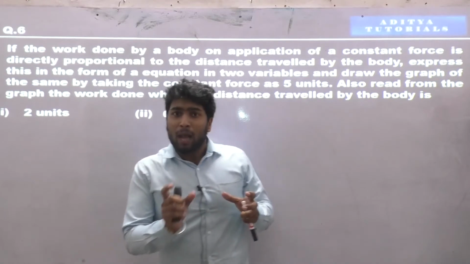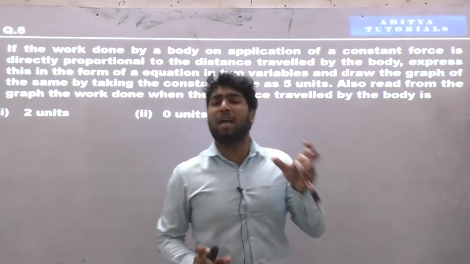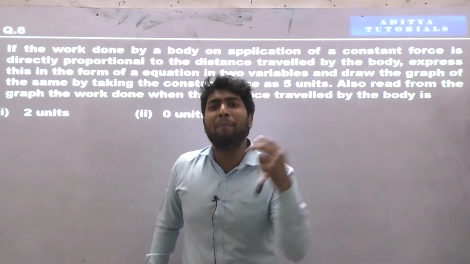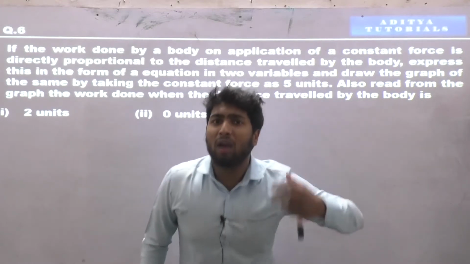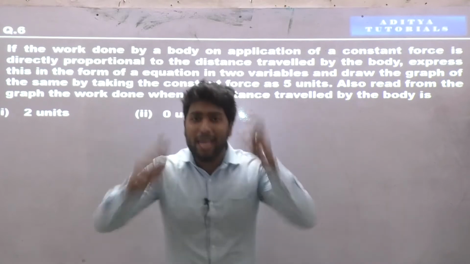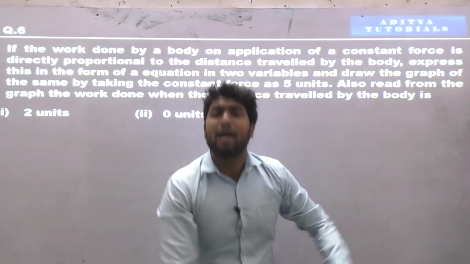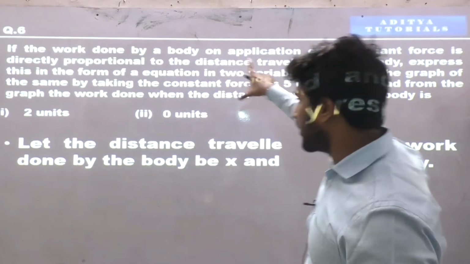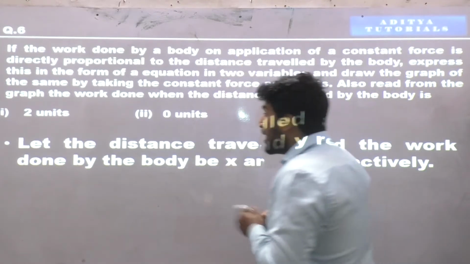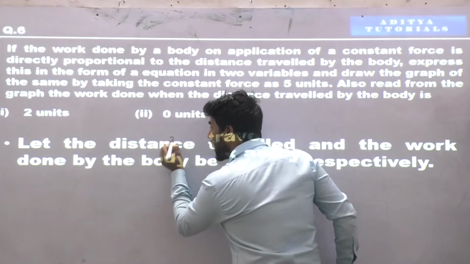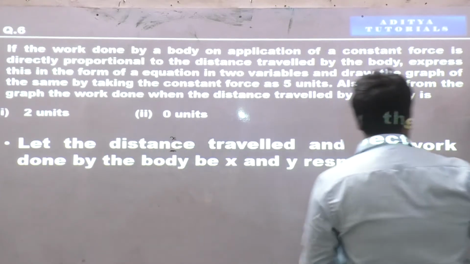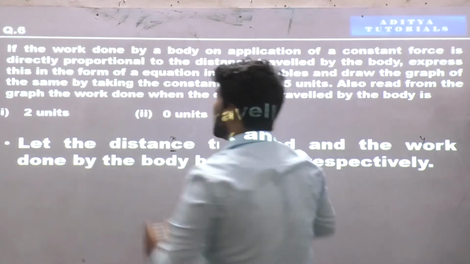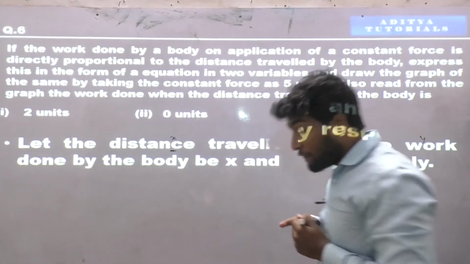मतलब इसमें ना हमें वर्क डन दिया हुआ है और डिस्टेंस ट्रैवल दिया हुआ है. मतलब, let the distance traveled by the body and work done by the body be x and y respectively. उसके बाद हम इक्वेशन देखते हैं. हमने क्या लिया? डिस्टेंस को हमने लिया x और वर्क डन को हमने लिया y. तो as for the first given condition, पहले समझो क्या दे रहा है. फिर से बताता हूं.